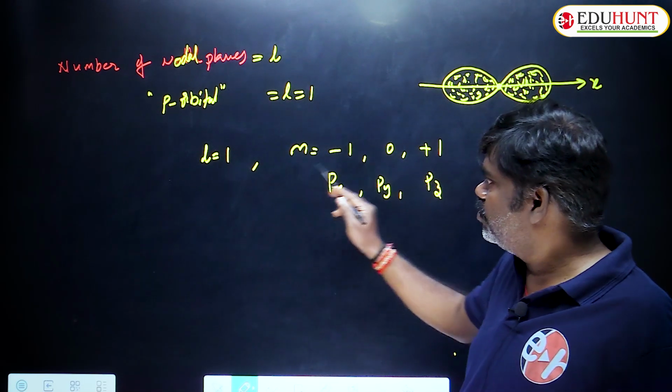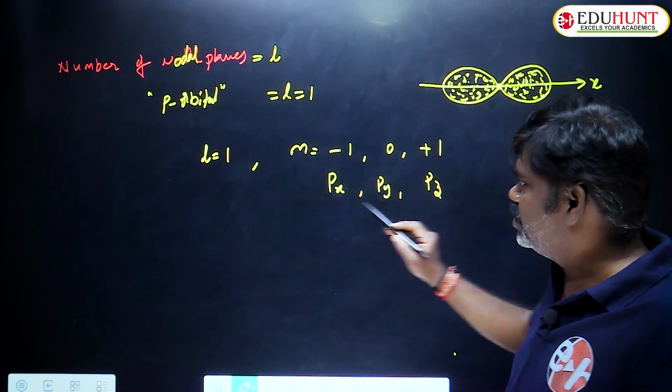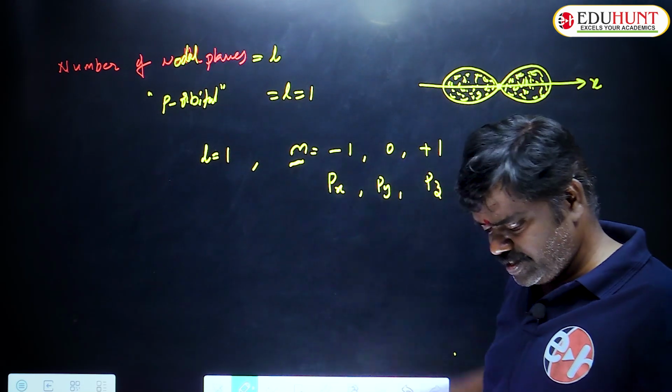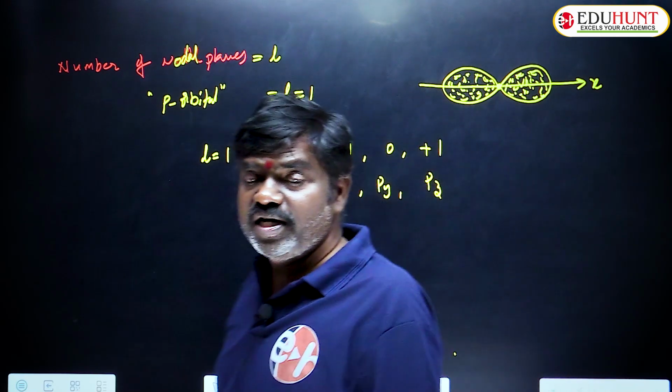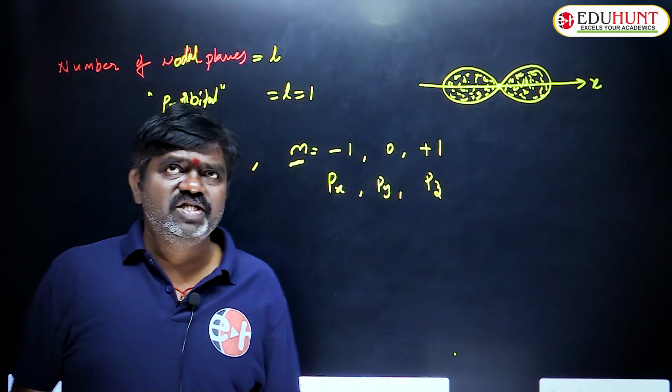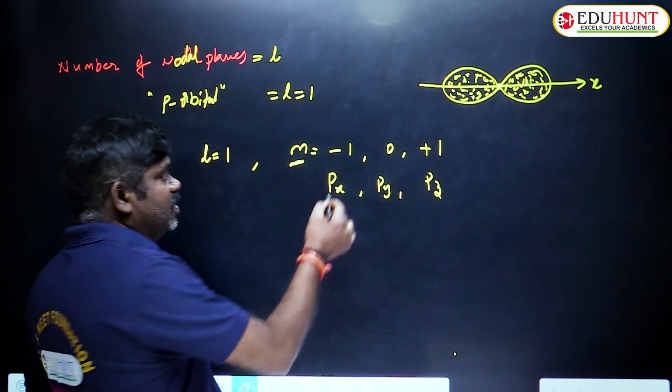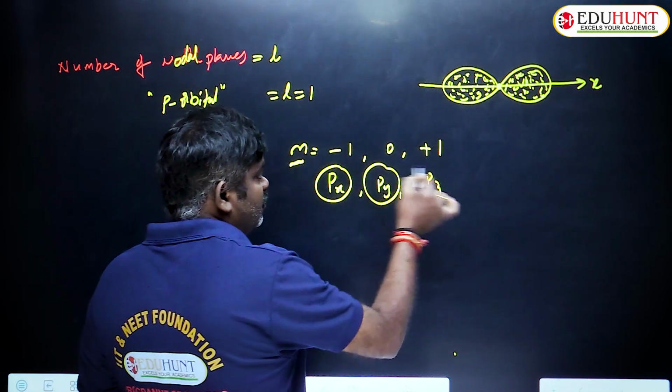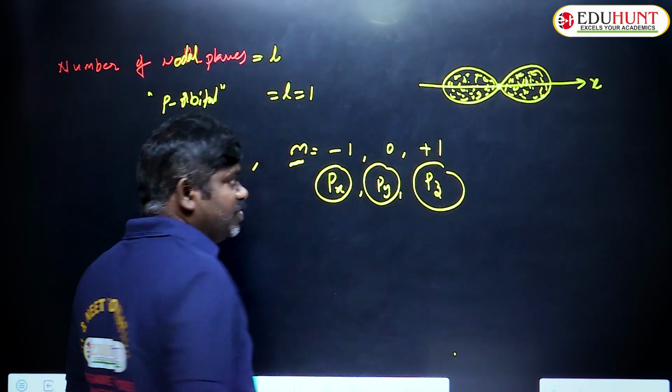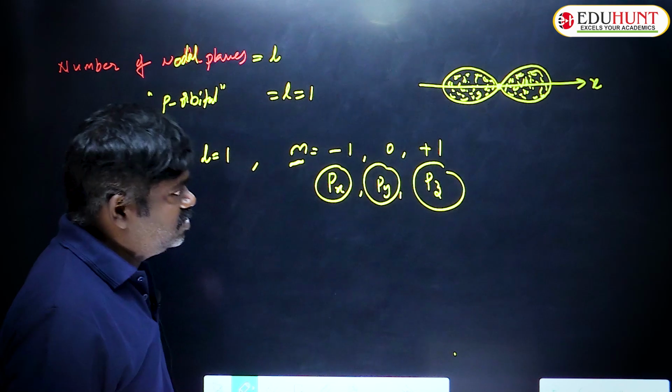The m can be minus 1, 0, plus 1. The magnetic quantum number explains the spatial orientation of orbitals, that is px, py, pz. Understood or not?